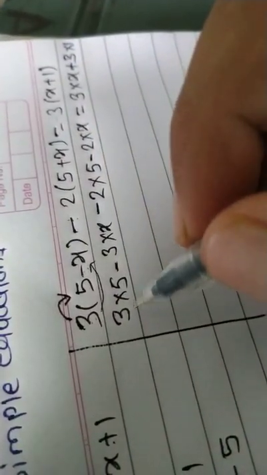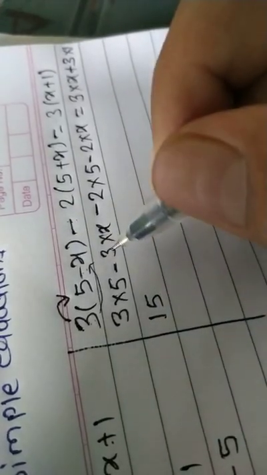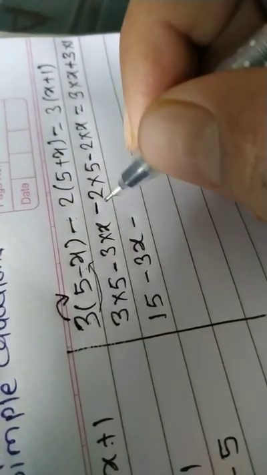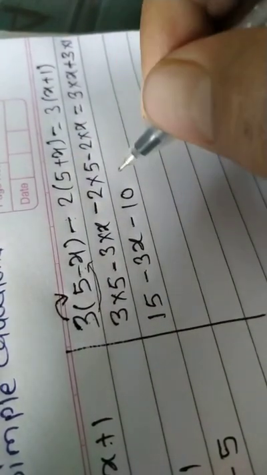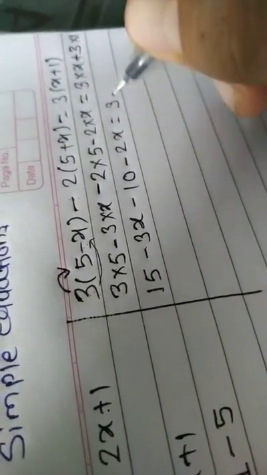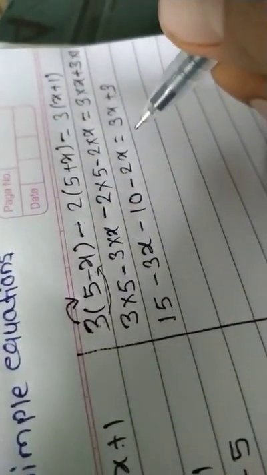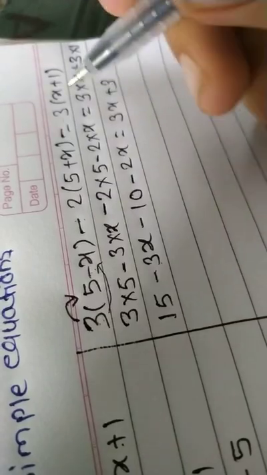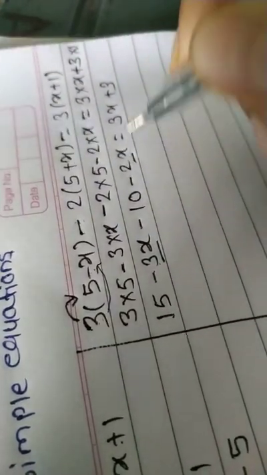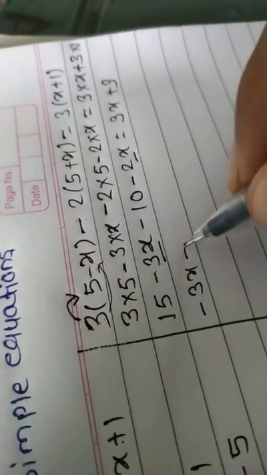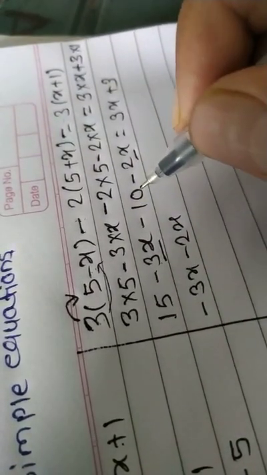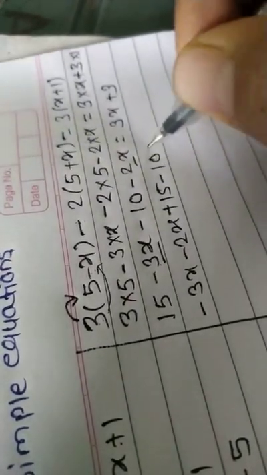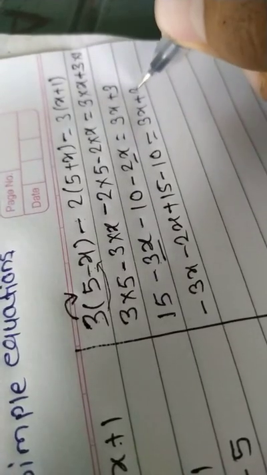3 fives are 15 and 3 into x is 3x. 2 fives are 10 and 2 into x is 2x, is equal to 3x plus 3. Before transposition we solve this side. Put x terms together: minus 3x minus 2x, and numbers together: 15 minus 10, is equal to 3x plus 3.